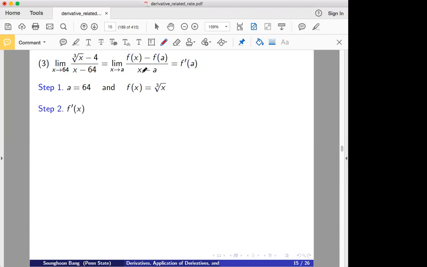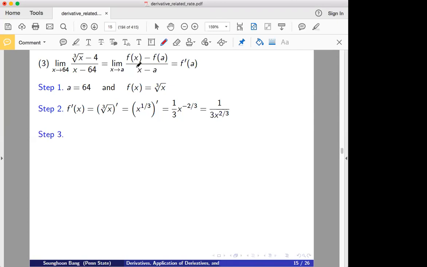Same. Find the derivative. Cube root of x prime: change to the exponential form, x to the 1/3 prime, use the power rule. 1/3 times x to the negative 2/3, change to the positive exponent, 1/3 times 1 over x to the 2/3.